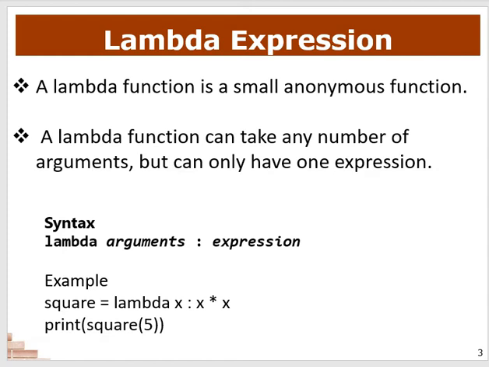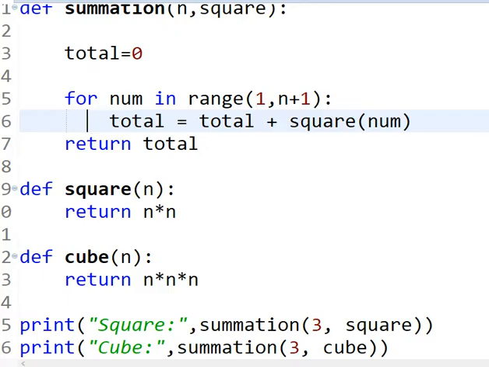You can see here, as the example of a square, you are creating a lambda function which will have one parameter x, and it will return the square of the number. When you call the function square with the value 5, it will print the square of 5, that is 25. So we can check here.